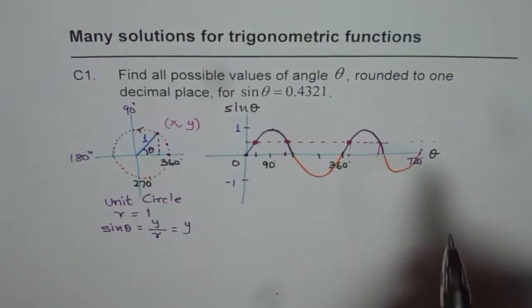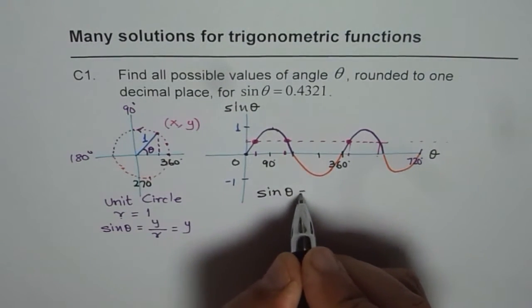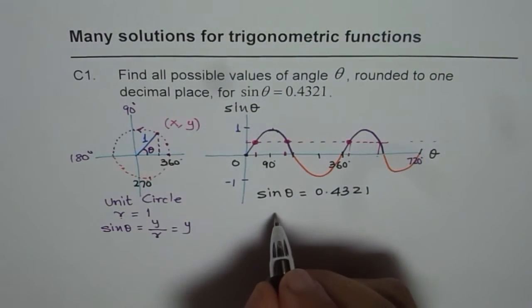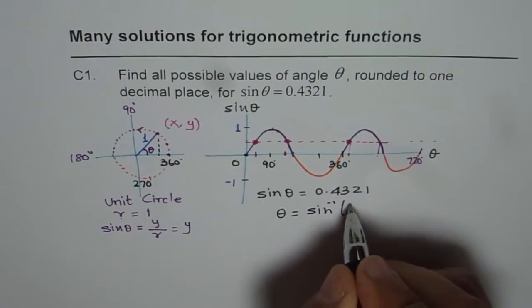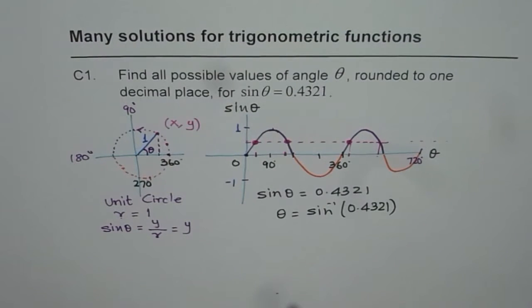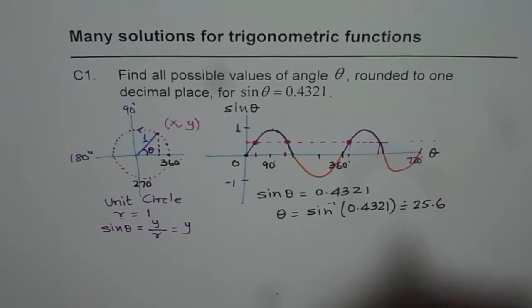So we know that sine theta equals 0.4321, then theta should be equal to sine inverse of 0.4321. To find this value of theta, we can always use a calculator and find the answer. So we get the answer as 25.6. To one decimal place, it is 25.6 degrees.